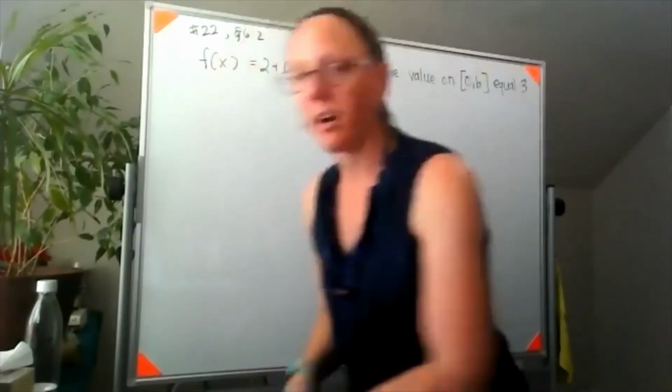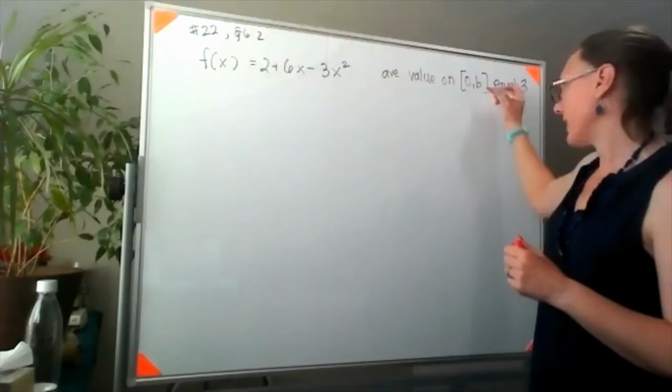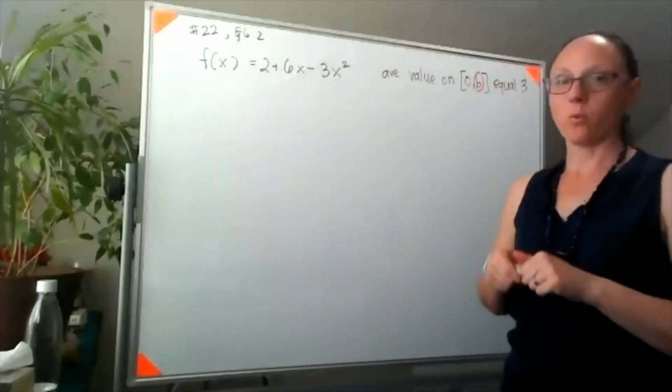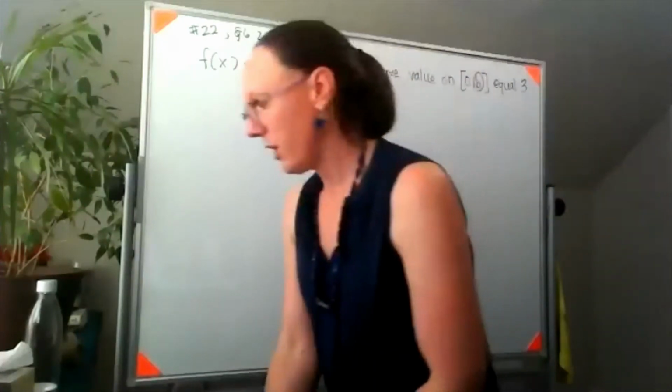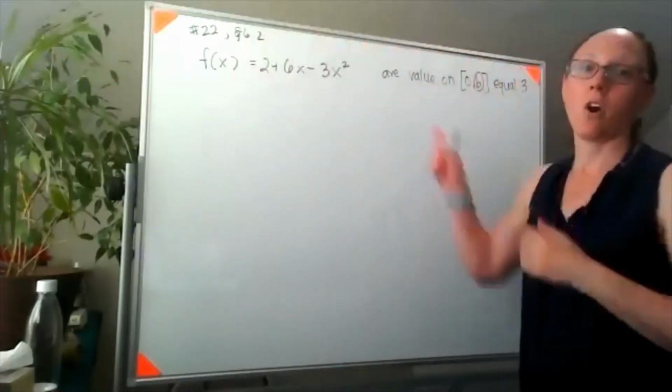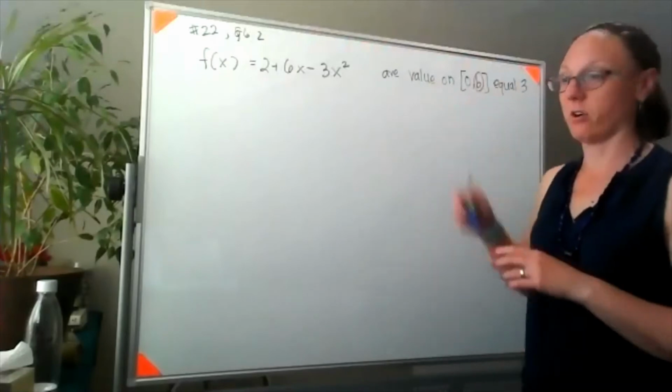And the catch here is what we're trying to find is a value for b. When we're done, our answer is going to look like b equals. Let's get started with our average value formula on 0 to b.